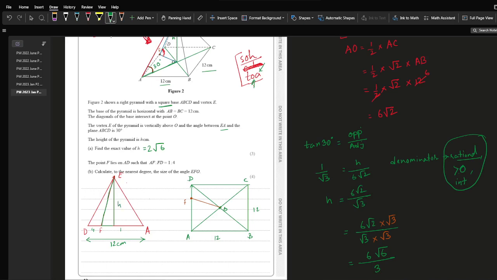Don't confuse this with H, because this is not H. And just because this is 30 degrees, it does not mean that the angle right here would be 30 degrees.